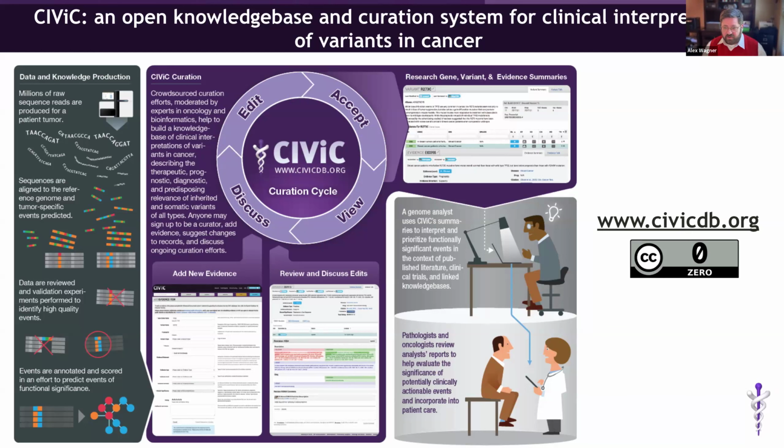These are people that review submissions from the broader open curator community for accuracy and completeness, and ensure that the content is of high quality, and those get approved by the editors or reviewed, revised, or rejected by them. Then that approved evidence is used to help interpret variants in downstream precision medicine workflows.